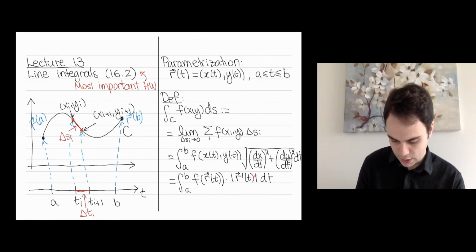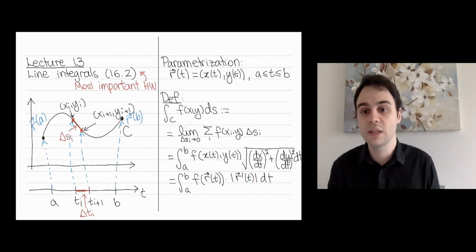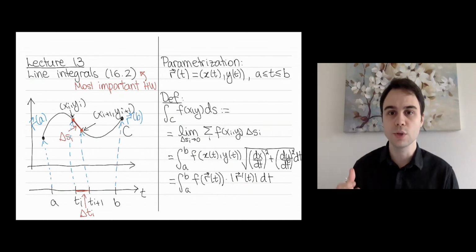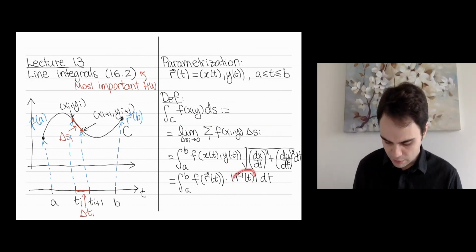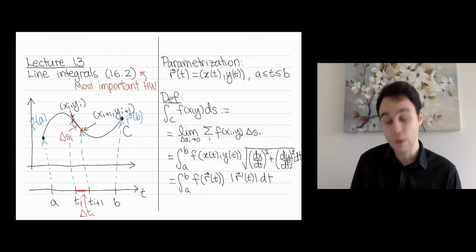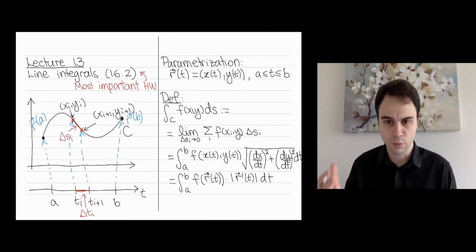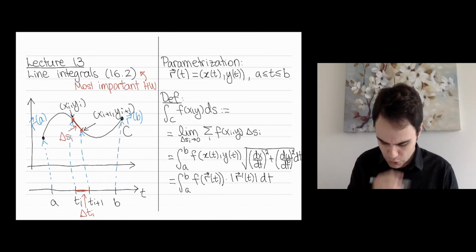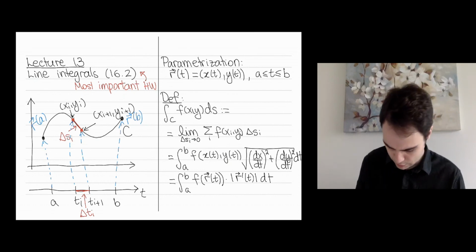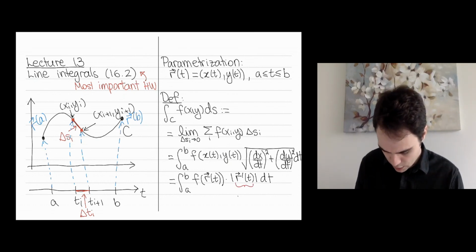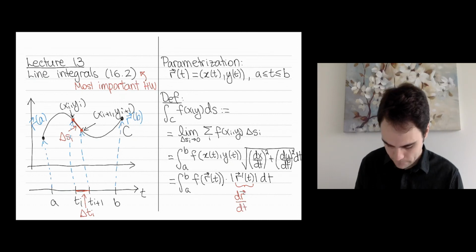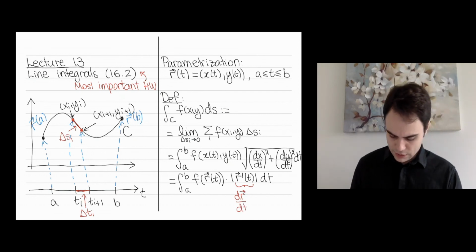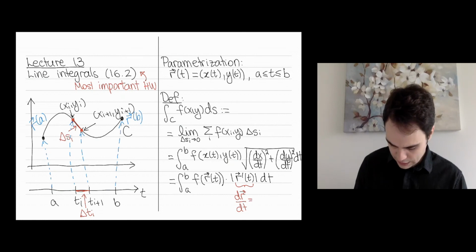So r is just a pair of functions. Here I'm using a prime to denote the derivative. So r prime of t I could write as dr dt, right? That would be fine. So r prime is just dr dt, which has components dx dt, comma dy dt.